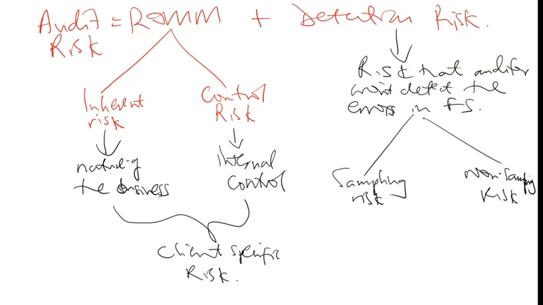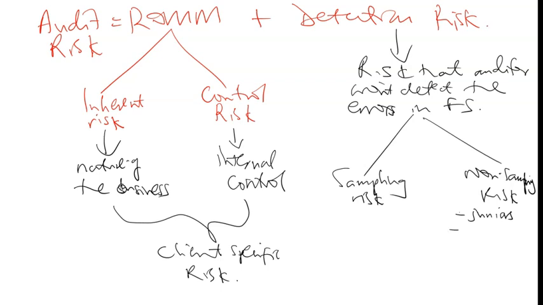But when you are talking of non-sampling risk, this is all other risks not related to sampling. For example, the auditors only sent juniors throughout. Juniors were sent throughout the audit, and the partner only came the last day to sign the audit report.